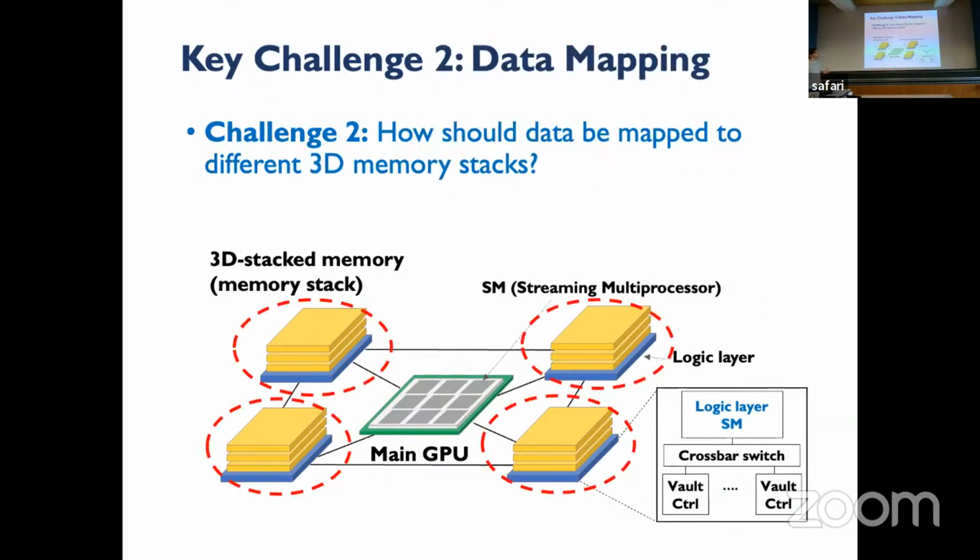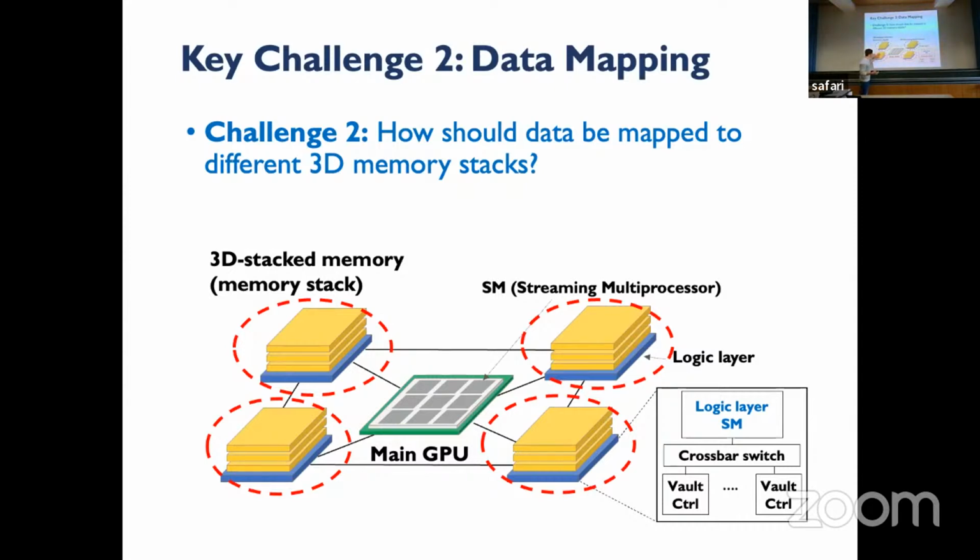And related to that as well is how data should be mapped to the different 3D-stacked memory stacks. Data mapping is especially important in processing-in-memory systems because in some way we can see them as a distributed system, right?